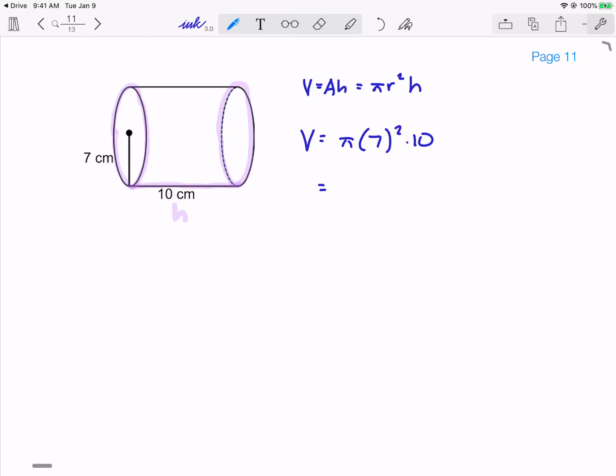So I'm going to get exactly 490 pi centimeters cubed, which if I type in my calculator 490 times pi, I get approximately 1,539.38 centimeters cubed.